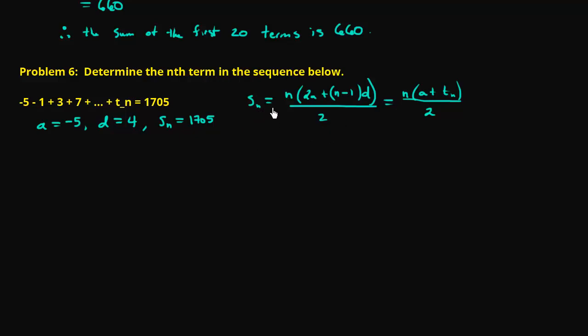Well, if we use this form of the formula, we know a, we know d, and we don't know n, so we would have one equation and one unknown. If we used this other formula, we don't know what n is, and we don't know what t sub n is, so we would have had one equation and two unknowns.